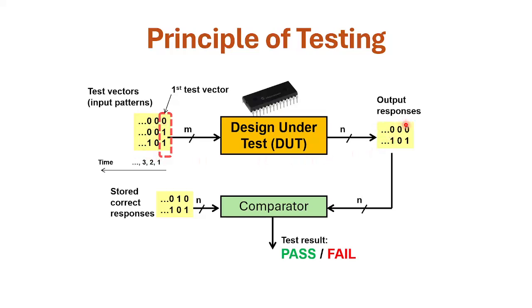We would collect the output responses and compare them to the expected responses that are typically stored. And if for at least one of the input test vectors the output is not what we expect it to be, then that design under test fails and has to be removed. You don't want to ship that to your customer.